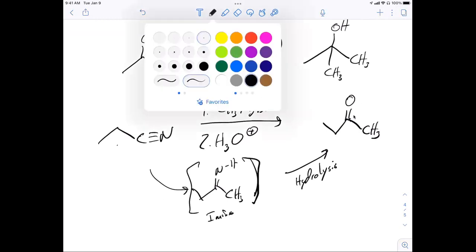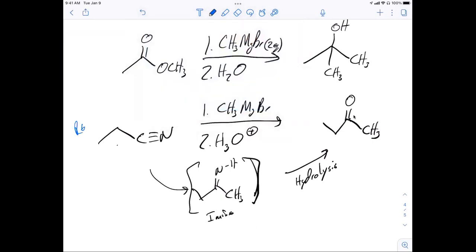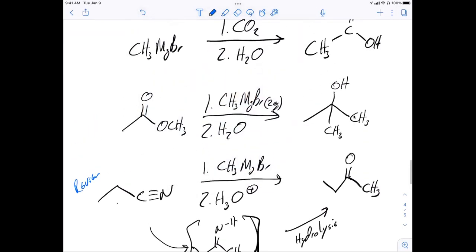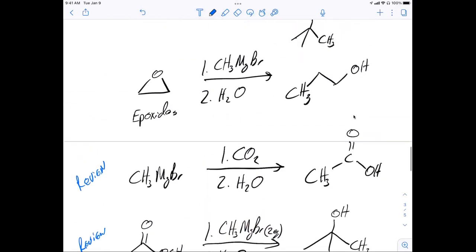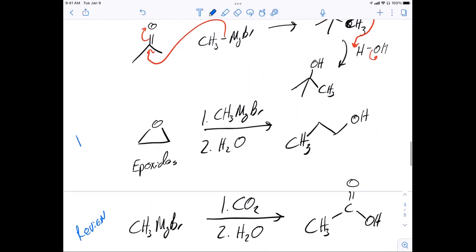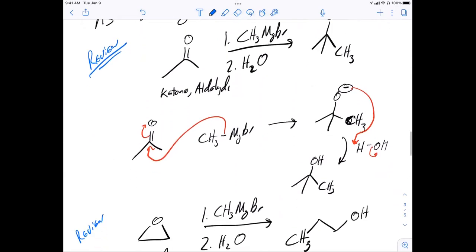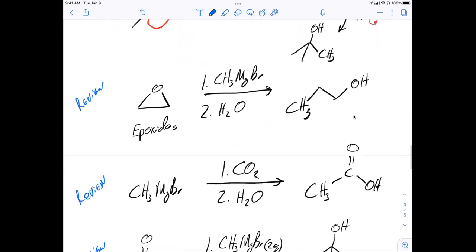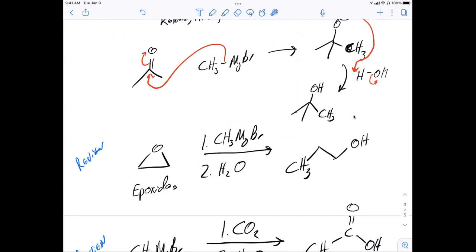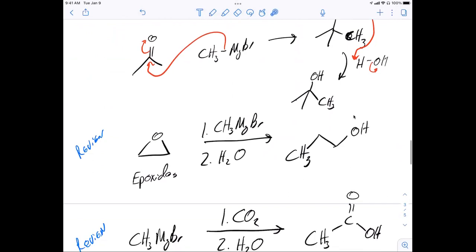Okay, so we've seen all of these reactions, just bringing them back up to memory. In all these cases, the Grignard is really reacting as a nucleophile, so it's a carbon nucleophile reaction. Because of that, it's important to understand that you're always acting at an sp3 carbon.